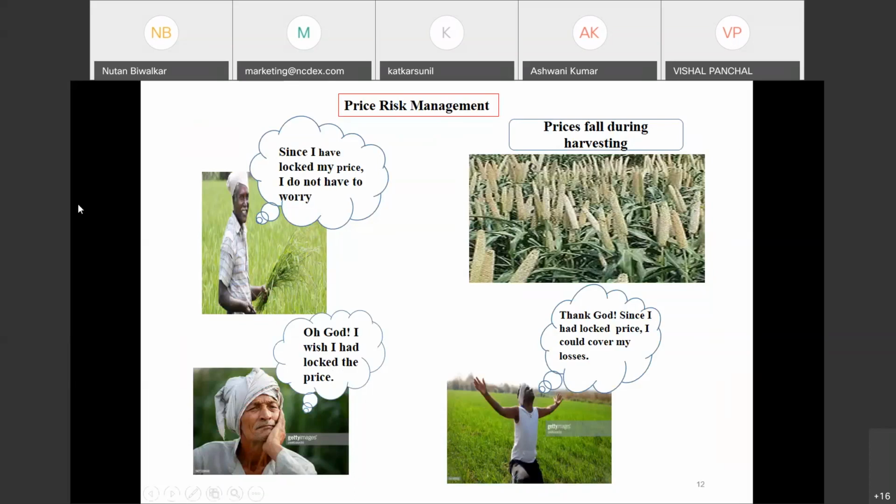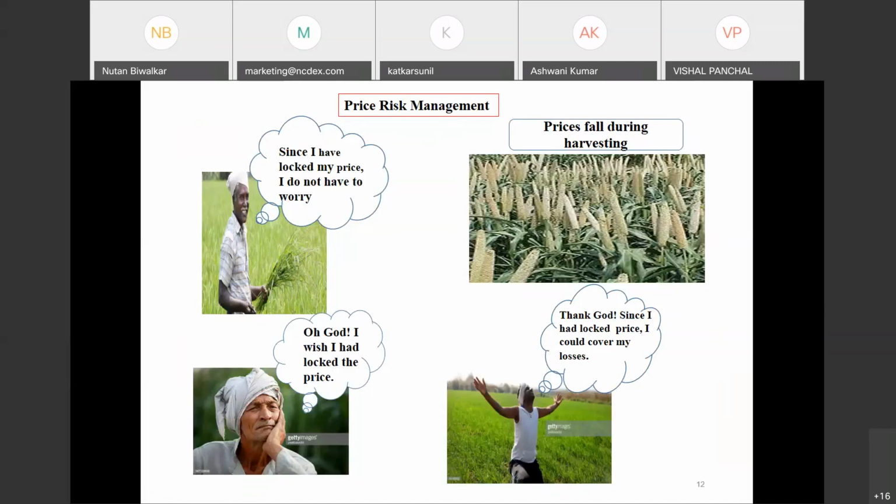Suppose it is June, and take the example of jowar or bajra. Suppose at the time of sowing, he sows the bajra and locks his price on the exchange platform. What does it mean?